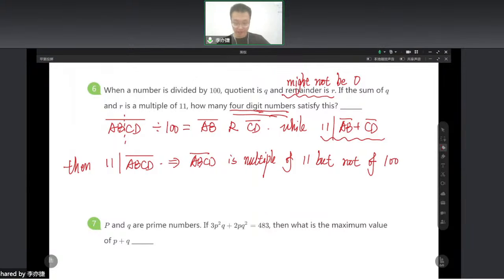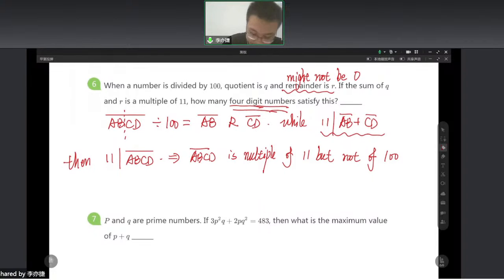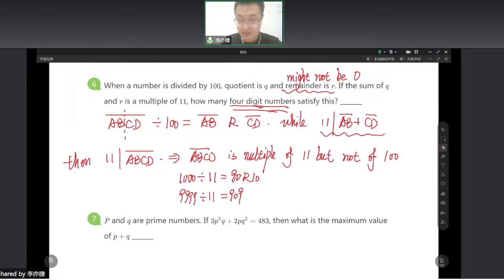Then we just calculate how many ABCD there are. First, how many multiples of 11 are there? 1000 divided by 11 is 90 remainder 10. 9999 divided by 11 is 909 remainder 0. So the multiples of 11 range from 11 times 91 to 11 times 909. How many numbers are there?